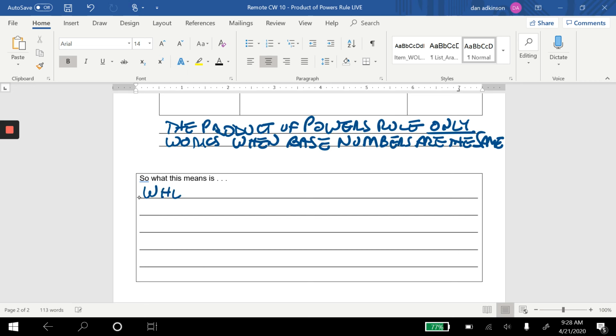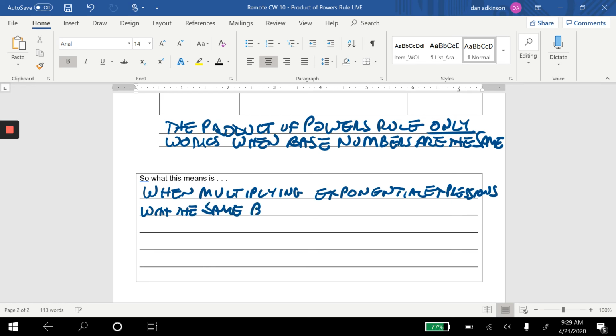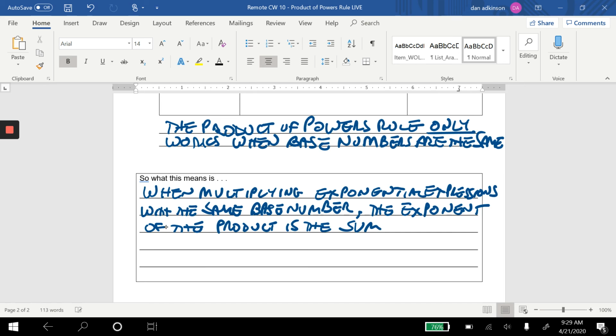When multiplying exponential expressions with the same base number, the exponent of the product is the sum of the exponents of the factors.